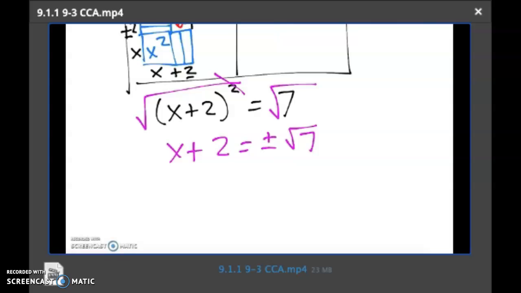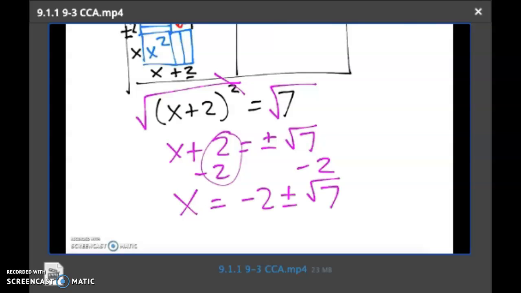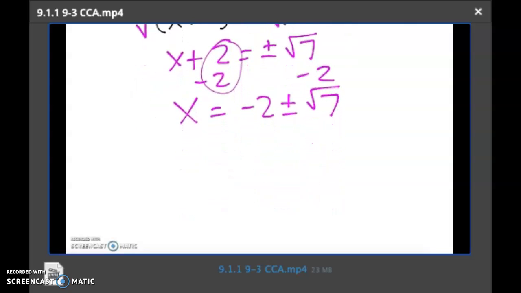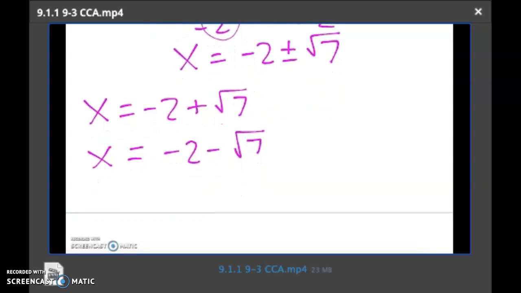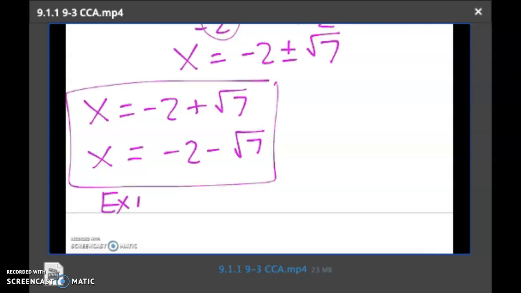Then I keep solving for x, subtract 2 from both sides, and I have x equals negative 2 plus or minus square root of 7. If I want to write those exact answers, I have x equals negative 2 plus square root of 7, and then x equals negative 2 minus square root of 7. Okay, so those are my exact answers.